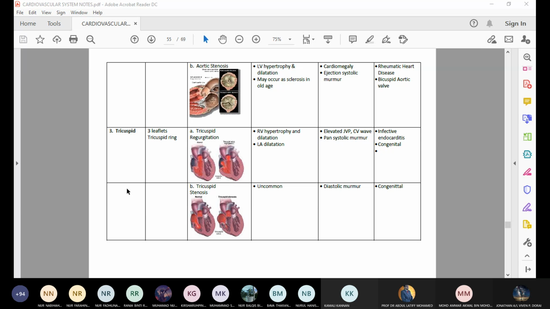Okay, this is called peri-procedural antibiotics, and this is to prevent infective endocarditis. Okay.